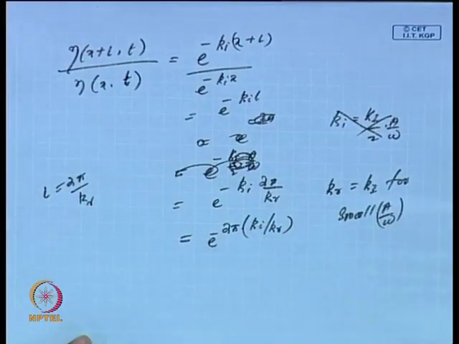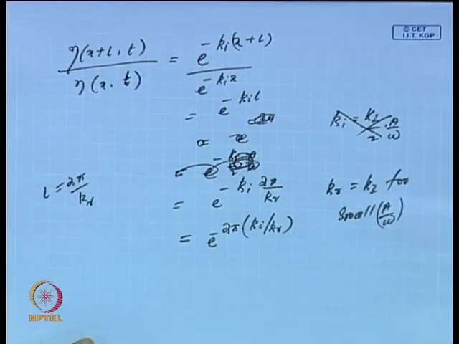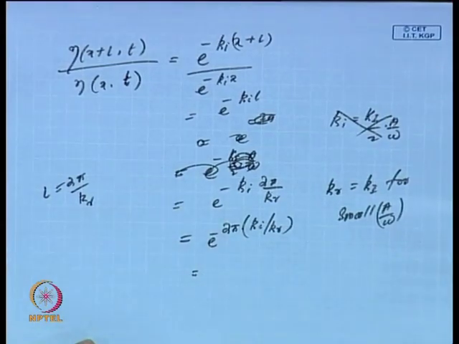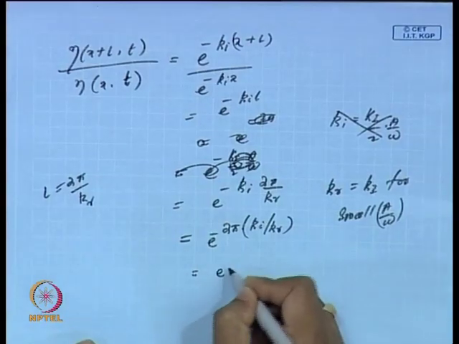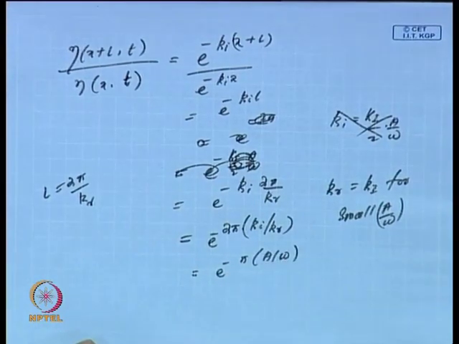And again, k_i by k_r, we have k_i by k_r. So, it can be easily seen that this is equal to e to the minus pi into a by omega, because of the other relation for k_i by k_r.